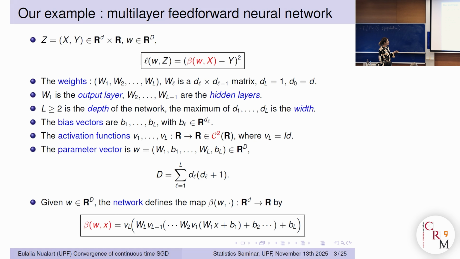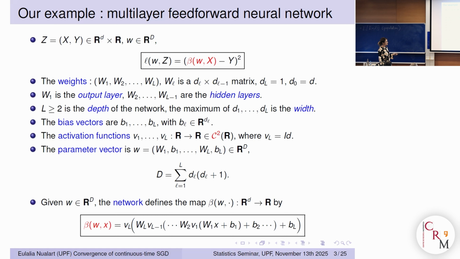How is beta defined? There are the weights, which are matrices of several dimensions. W1 is the output layer, and the others are called the hidden layers. L is the depth, which is going to be fixed for me, and the maximum of the dimensions is the width.